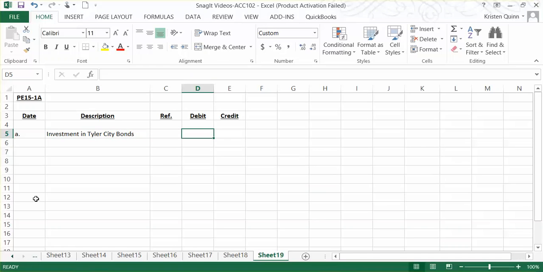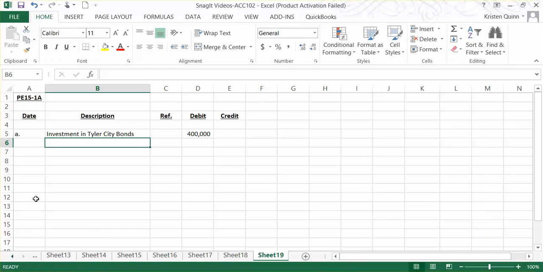It's an investment, so it's an asset to our business, therefore it is debited for $400,000. They also tell us that we pay accrued interest of $2,000.